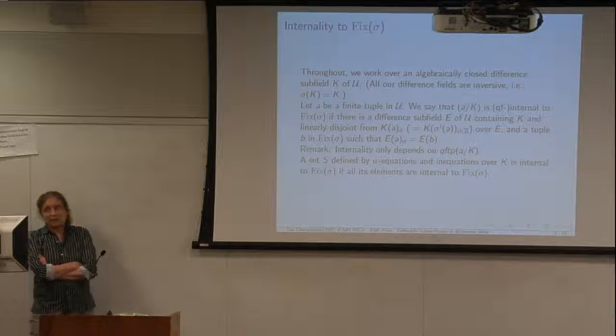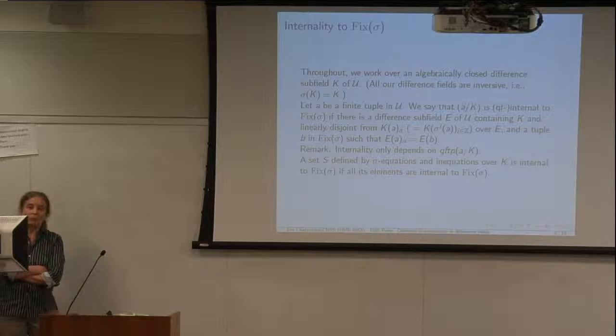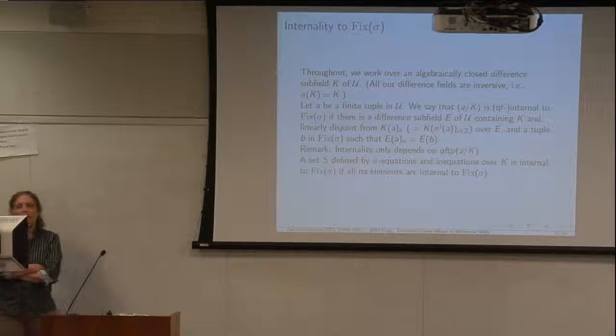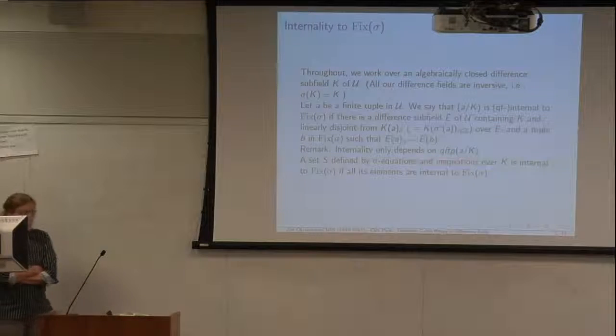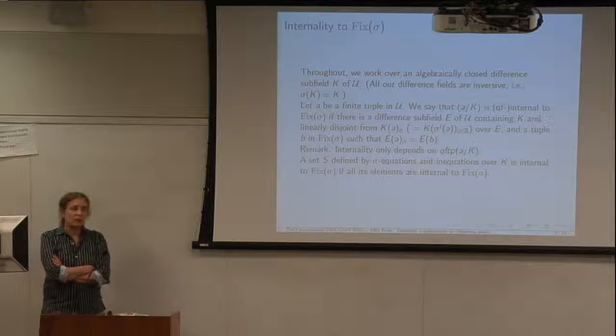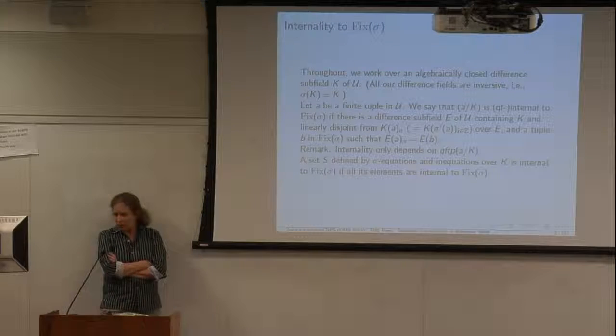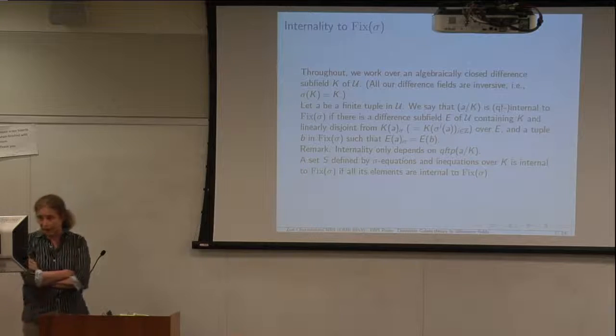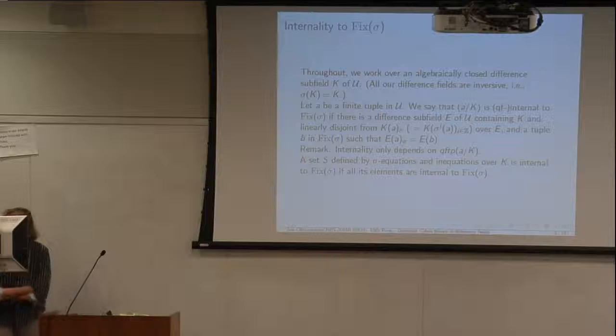We say that A over K is internal to fixed sigma if you can find a difference subfield E of U, which contains K, of course, and is linearly disjoint from the difference subfield generated by A over K.